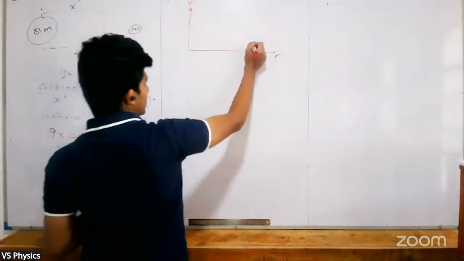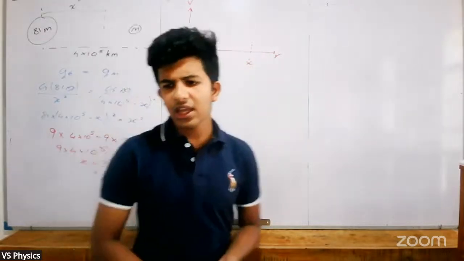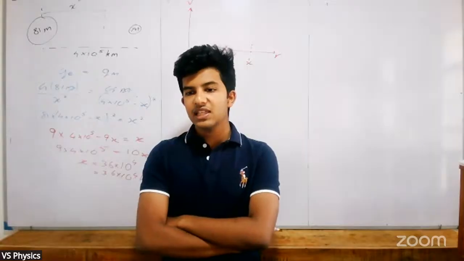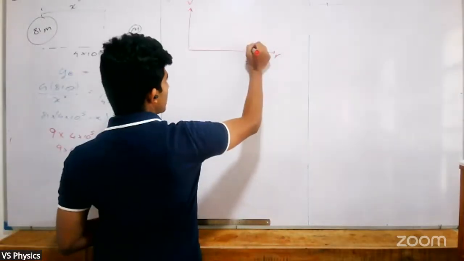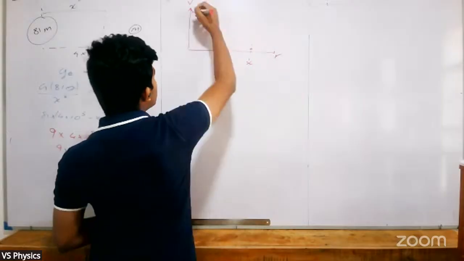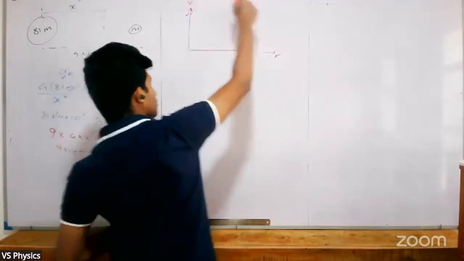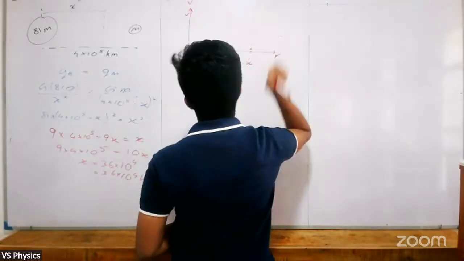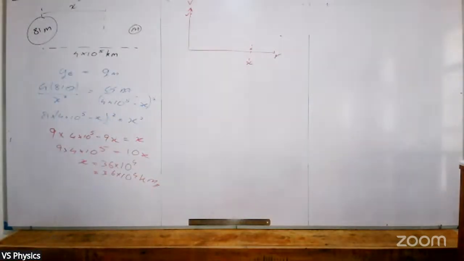Up to a point x, at the point x, what will happen? The force will become 0. So we have the minimum position here. We have a certain velocity v here. You don't get the same velocity here, but a lower velocity, okay? Because gravitational acceleration is lower, so you actually get a lower velocity there.